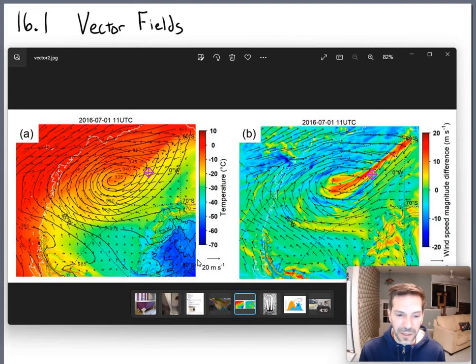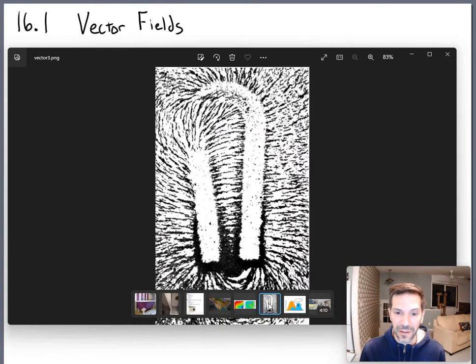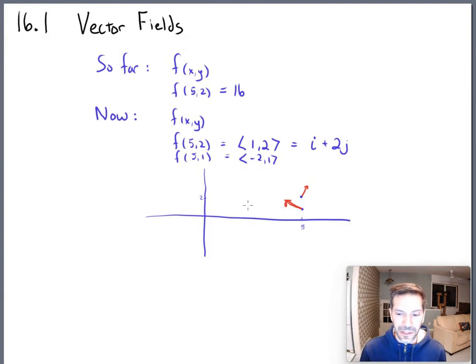So it could be wind speed or ocean current speed, temperature change vectors, or magnetic force, which is often represented with these iron filings pictures that I think are very cool. But anyway, you get the idea. There are lots of applications.